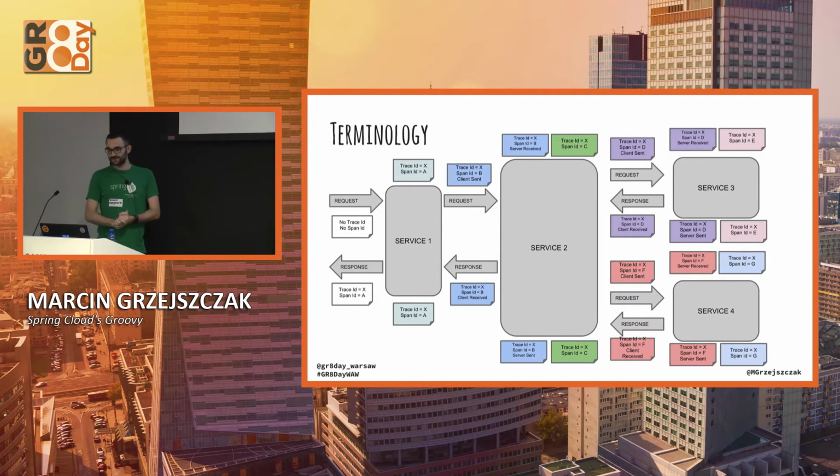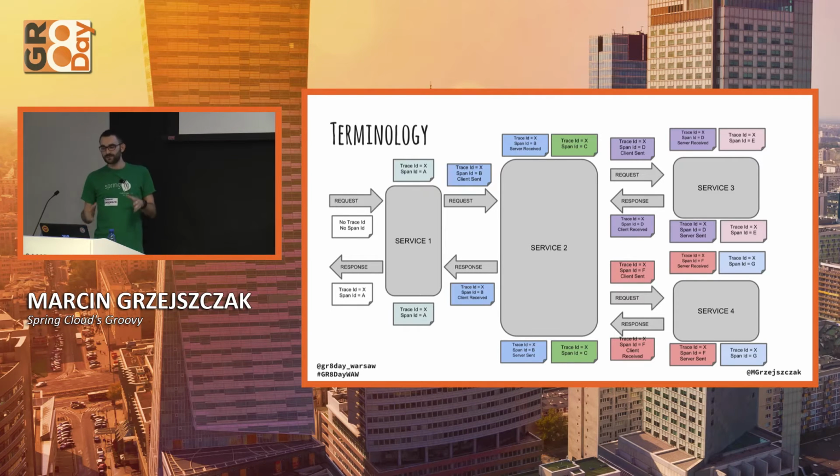So let us assume that we have a service 1 and the request comes in. So there is no trace ID, no span ID, nothing like that. A request comes in. We set the trace ID to X and span ID to A. Actually, these are not letters, but 64-bit numbers, but let's simplify the thing.